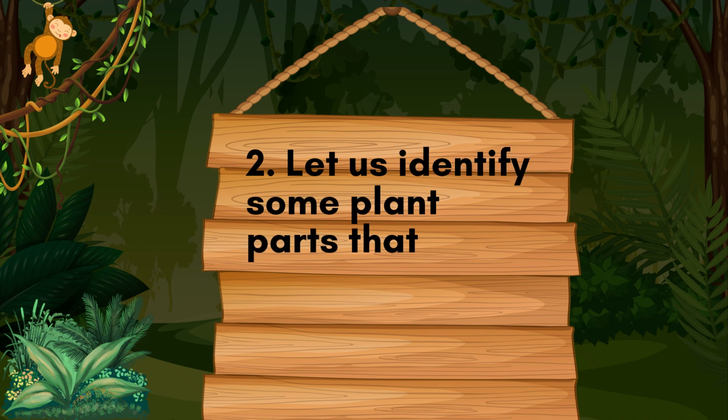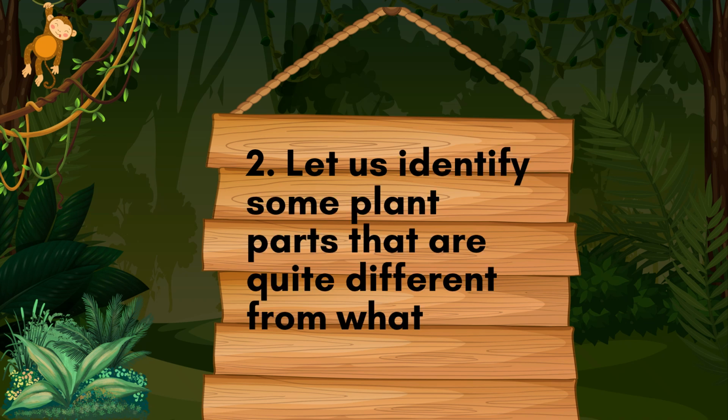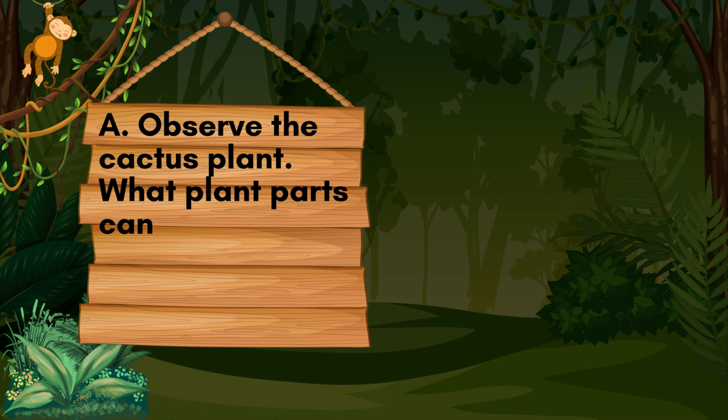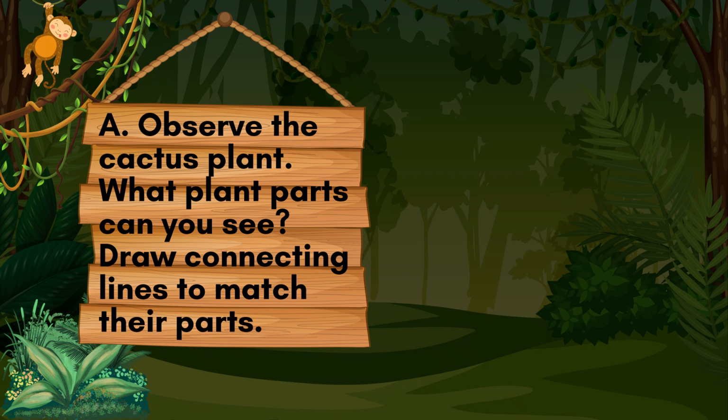Let us identify some plant parts that are quite different from what we usually see. Observe the cactus plant. What plant part can you see? Draw connecting lines to match their parts.